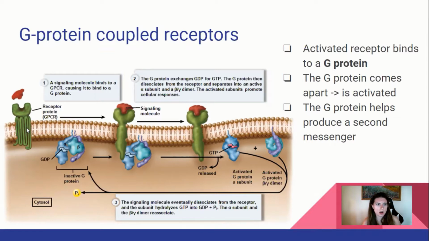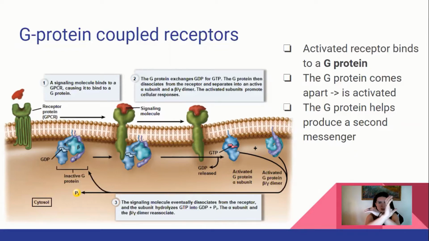So our receptor, in this case, our G protein coupled receptor, or GPCR, is an integral protein. So it's bound in on the membrane. It goes all the way through. So it would have, for example, a cup shape here on the outside of the cell that's going to bind to the signal. It would have a piece that goes through the membrane and then a bit sticking out somewhere on the inside of the cell.